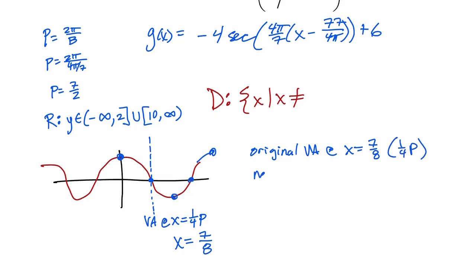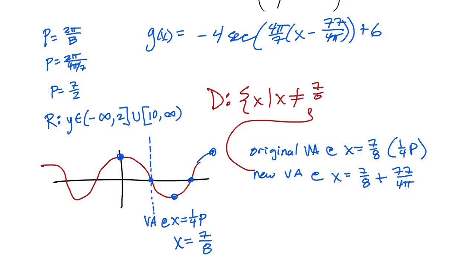Now the new vertical asymptote is going to be at the old vertical asymptote plus the shift to the right, which is 77 over 4 pi. And that's what I write right here. It can't equal 7/8, a fourth of the period, plus 77 over 4 pi, the right shift. And then all we got to do is finish it off with how often do they occur? Every half period, good.